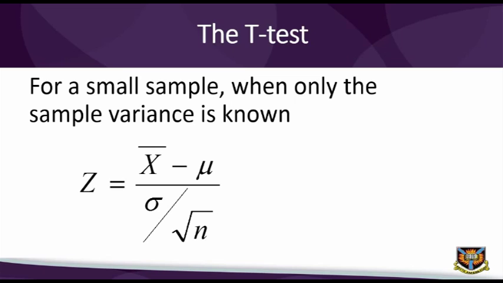Symbols. x bar 1 is equal to mean of sample 1. x bar 2 is equal to mean of sample 2. n1 is equal to number of observations in sample 1. n2 is equal to number of observations in sample 2.